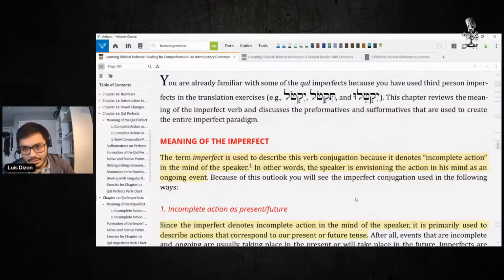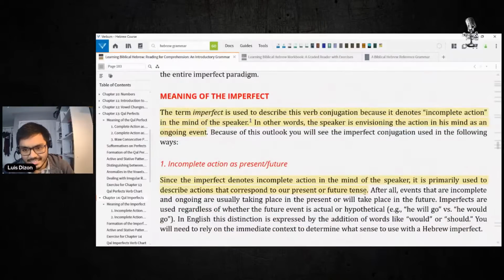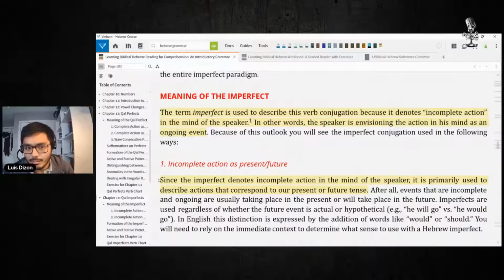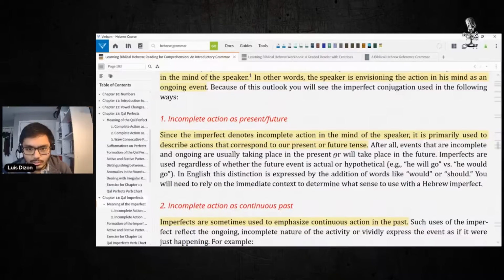What that means for the verb is that you can think of them as tenses, but they don't operate the same way we would use tenses. The incomplete aspect verb generally maps onto what we would consider the present or the future tense in English. If you see an imperfect verb in Hebrew, a lot of the time it will be translated that way.